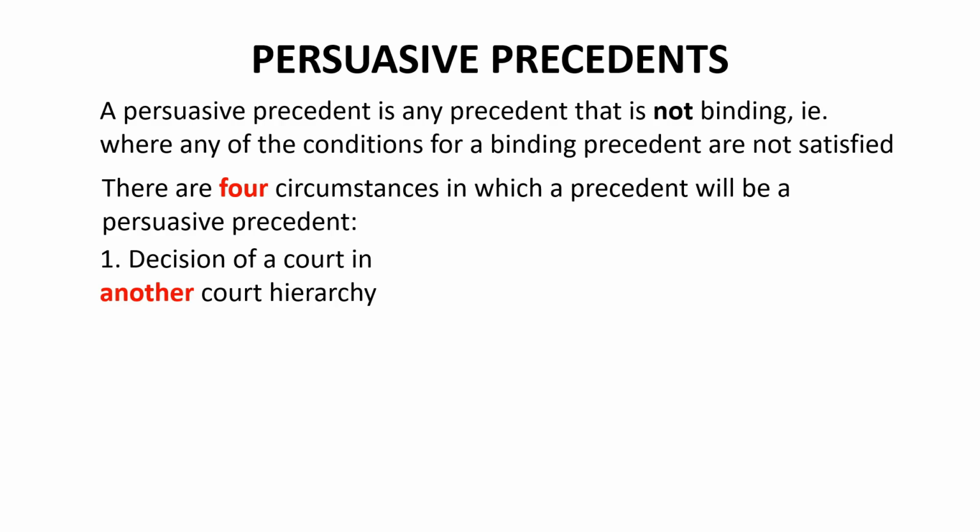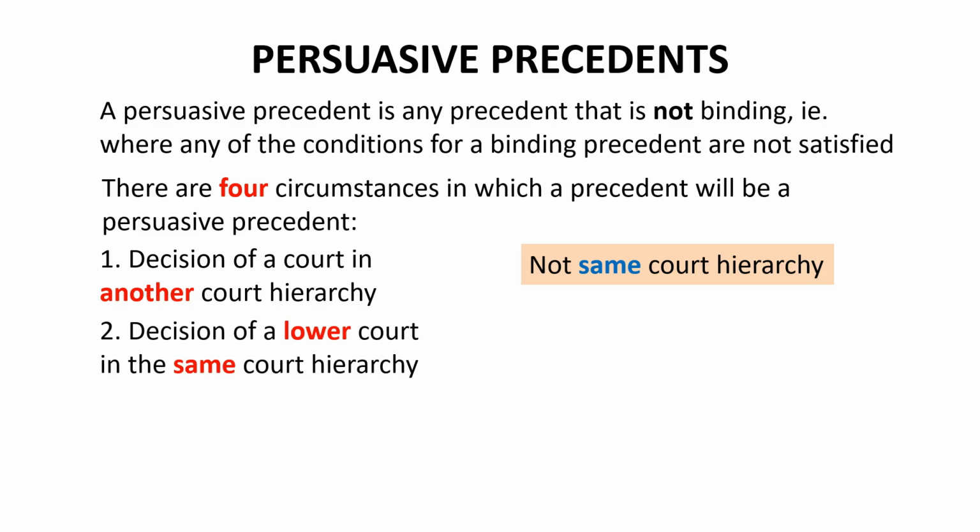First, the precedent is a decision of a court in another court hierarchy. This is not a binding precedent because the precedent is not made by a court in the same court hierarchy. Second, the precedent is a decision of a lower court in the same court hierarchy.